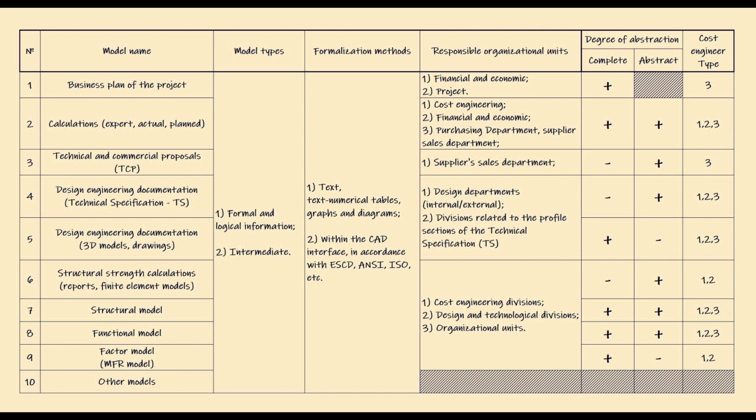I believe that the course participants are more or less familiar with the concept of a model and the most common varieties of existing models. As part of the cost engineering course, we will move away from the most general definition of a model, describing a model as a system, the analysis of which serves as a means to obtain information about the modeling object, and we will use the following narrow formulation.